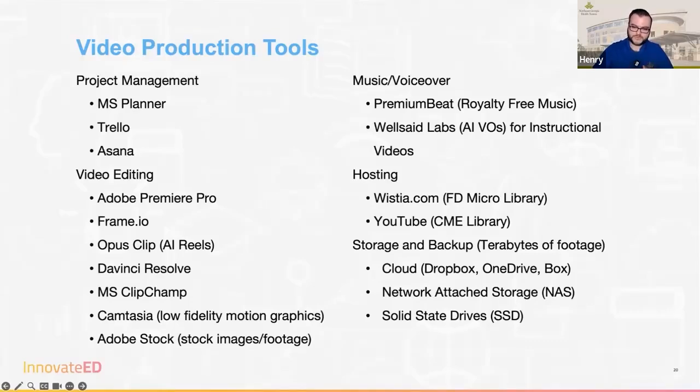All our footage right now is in the cloud, as we have to coordinate with video editors that are remote, that are on site. And then after a year, we move all that footage from the cloud to the network attached storage. And then at the end, solid state drives for recording on our cameras. So definitely take advantage of any of these tools that you see that might benefit your productions.